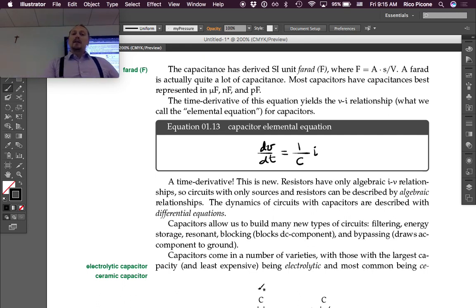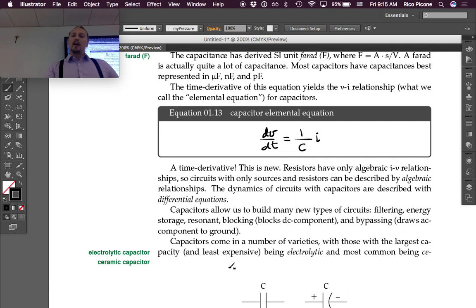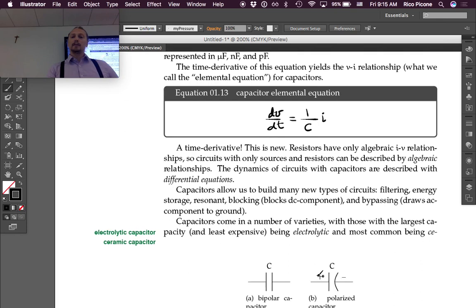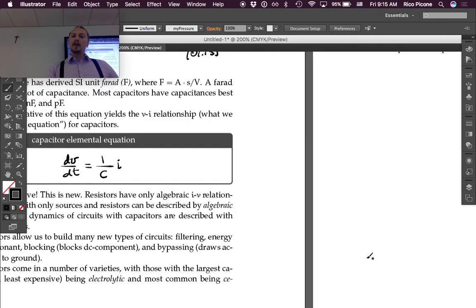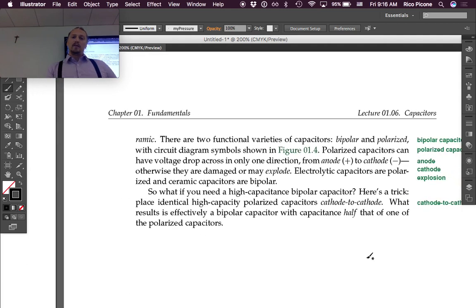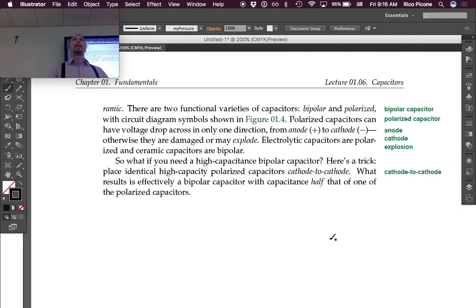So capacitors come in a number of varieties, with those with the largest capacity and least expensive being electrolytic capacitors, and the most common being ceramic capacitors. Have you guys seen those little orange capacitors that look like this?